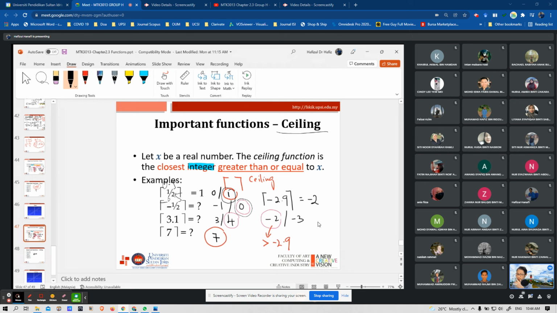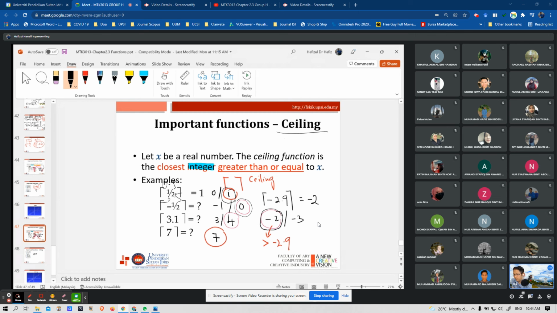This one we take the upper limit of x. And then the ceiling for negative 2.9 is negative 2. The greater number, the greater number. Negative 2.9, the greater number is not 3. Negative 3 is smaller, the greater number is negative 2.